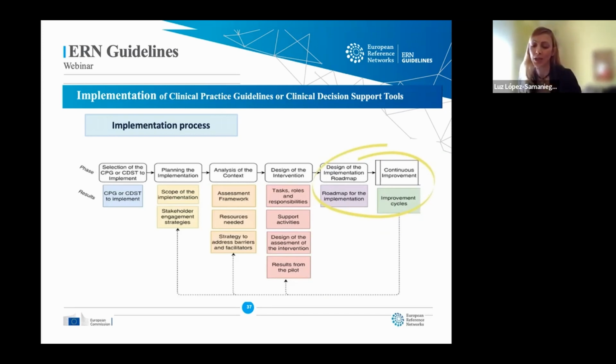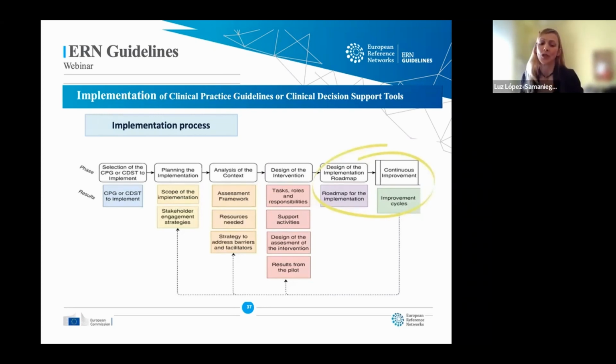In any case, the main criterion for selecting one of those to implement is that it covers the need that has been identified by the ERN, the working group, or whoever is developing the text or the tool.